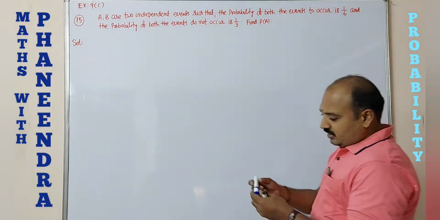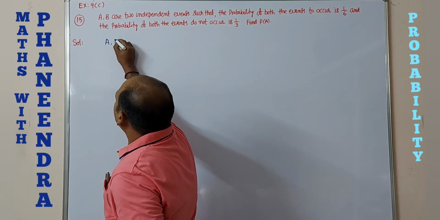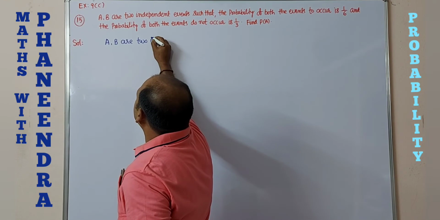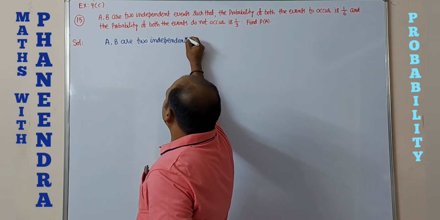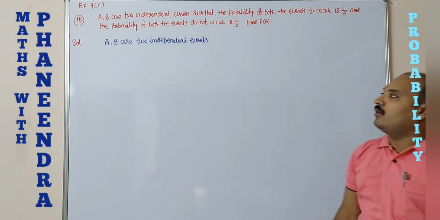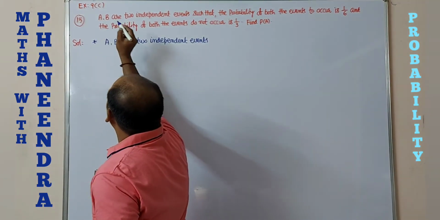So first you write the given information. A, B are two independent events. So that information is there.